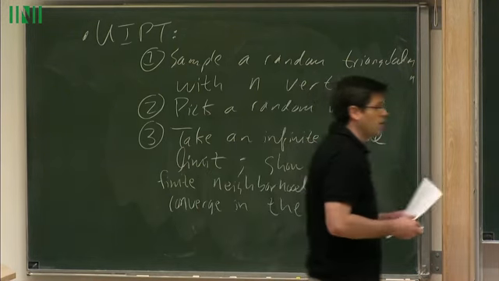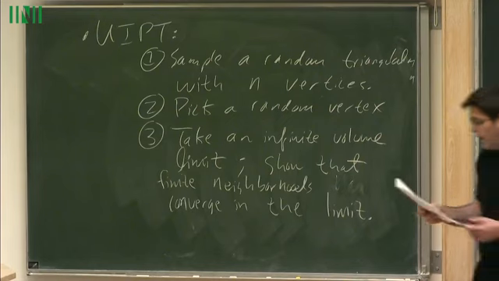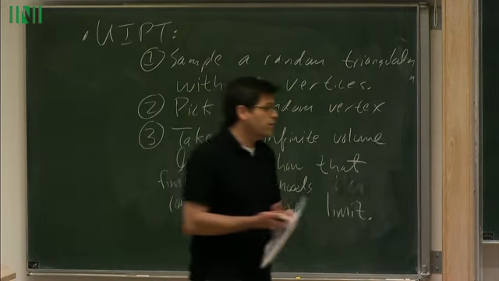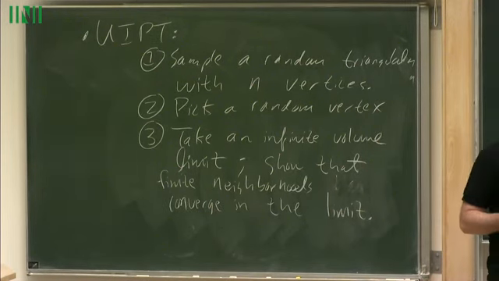Okay, so you take this kind of Benjamini-Schramm limit as the size of your map goes to infinity, and to construct a quantum cone, basically what you're going to do is exactly the same thing, but in the context of Liouville quantum gravity.